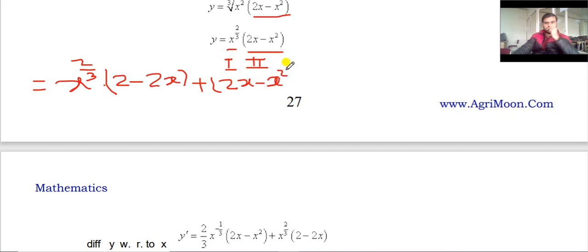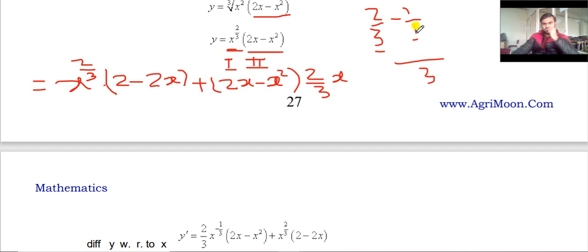into differentiation of first. So differentiation of x to the power 2 by 3. This 2 by 3 comes to the front, and x to the power 2 by 3 minus 1. So in the power we do 2 by 3 minus 1. The LCM of 3 and 1 is 3.